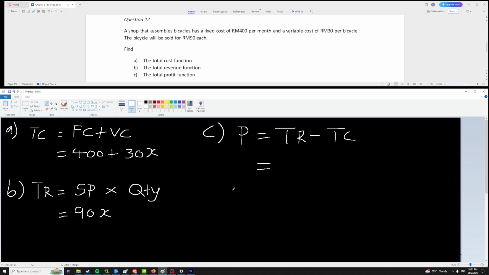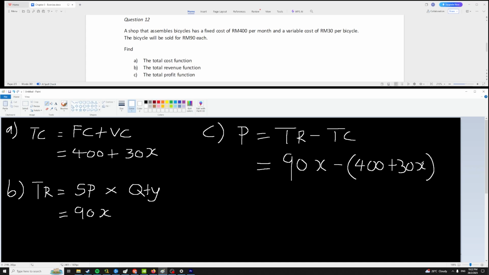Total revenue is your 90x minus, and we put a bracket. We must have a bracket because this one is separate, so we have to solve this part first. Otherwise, if it goes from left to right, it will not be correct.